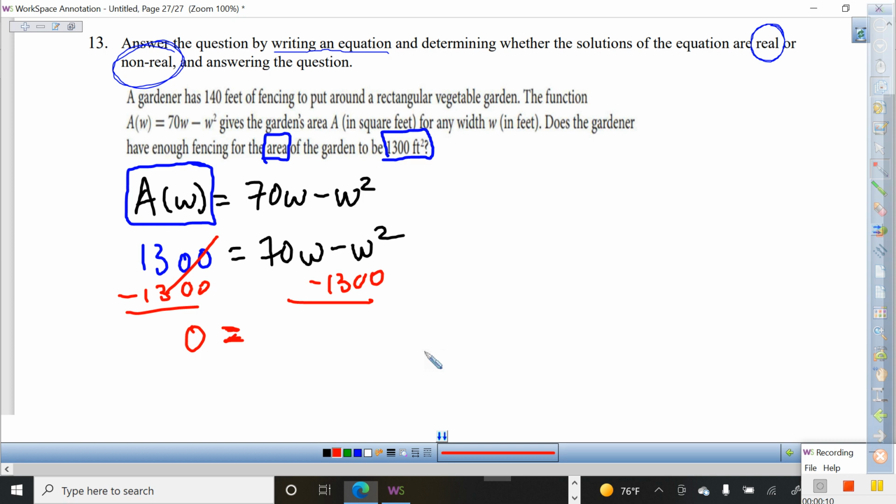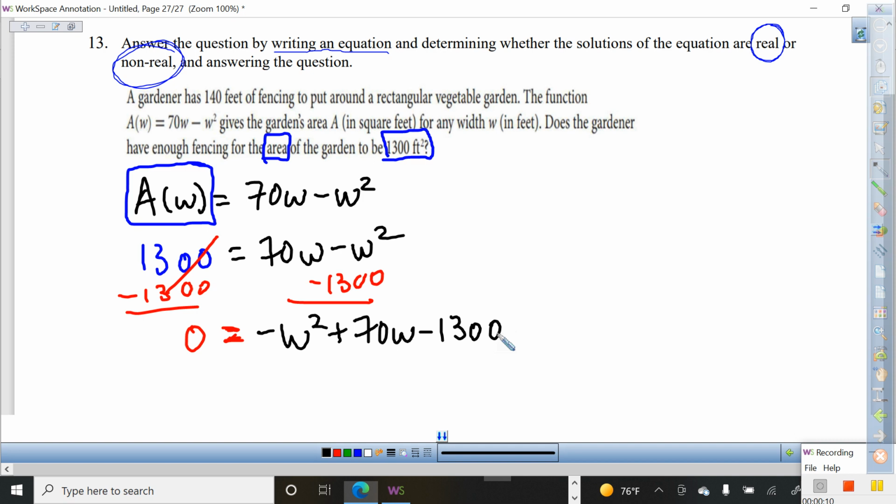Rewrite this in standard form right there. Therefore, you should have written negative W squared, yes? What else? Plus 70W, and then at the end, minus 1,300.